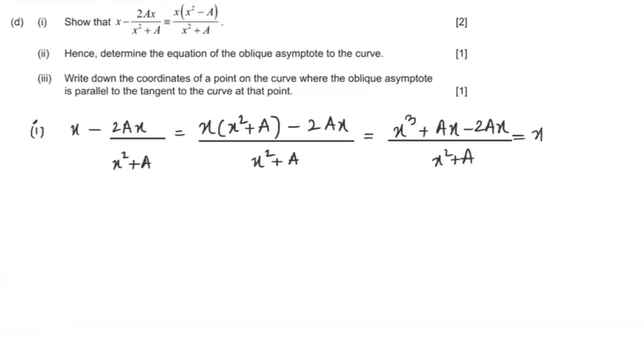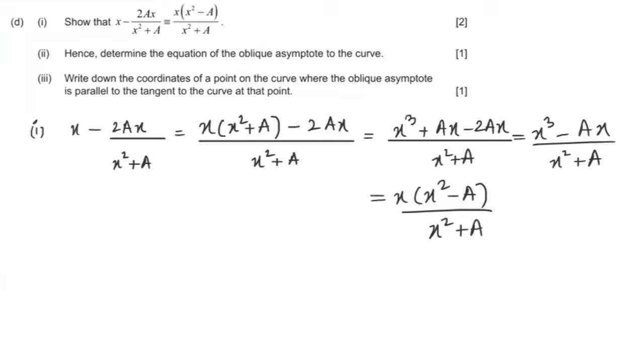One more step, I can write this as x cubed minus ax divided by x squared plus a. And hence, if you factor out the x from the numerator, this becomes x times x squared minus a, and divide it by x squared plus a, shown. Okay, that's what I wanted to show. So it's just like proving an identity.